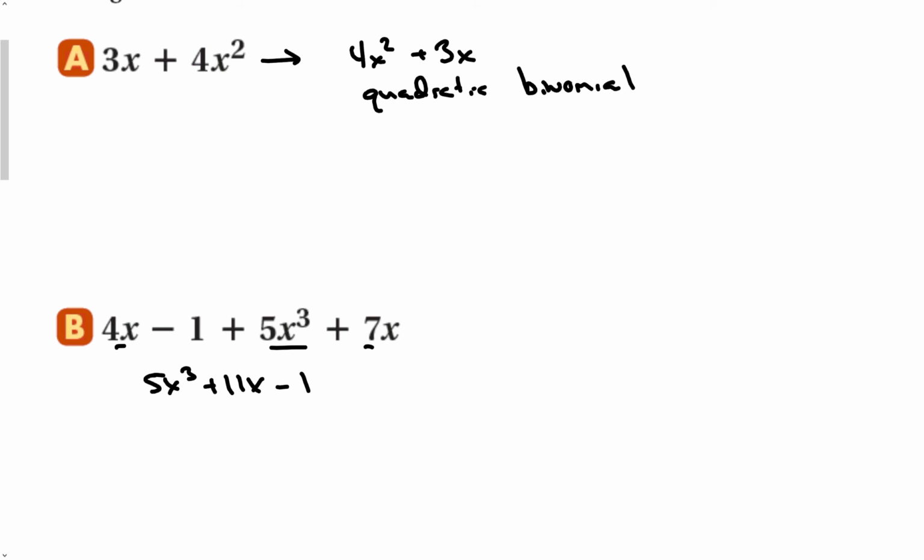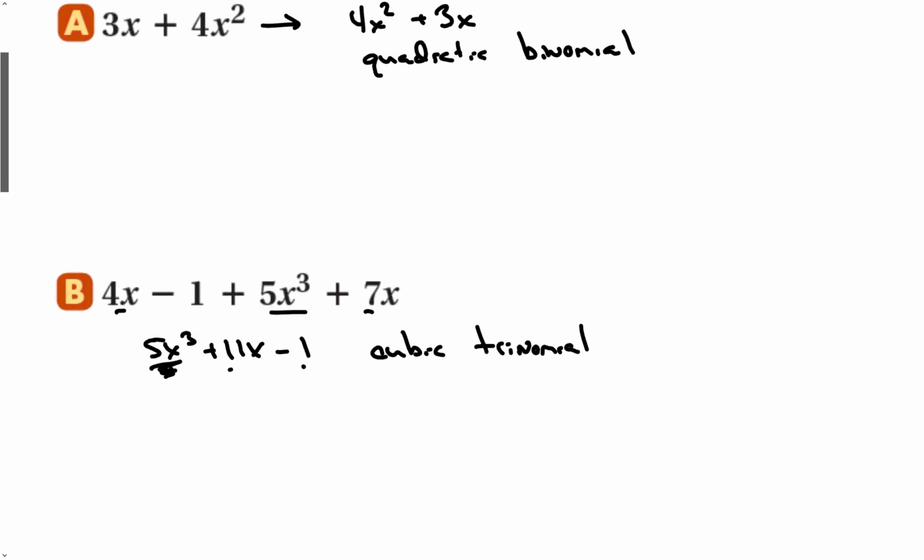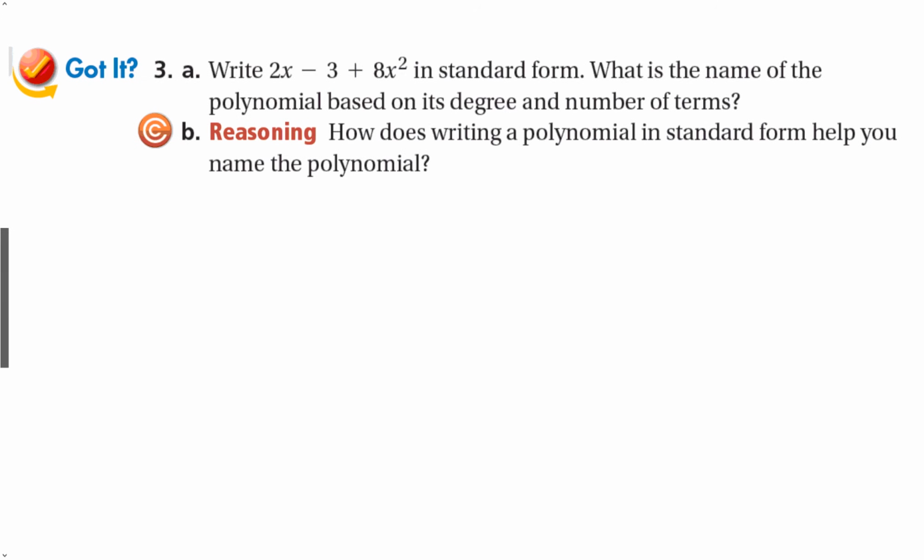Okay. Now this has 3 terms. That's the biggest degree, which is 3. So this is degree 3 with 3 terms, which is a cubic trinomial. Okay. Name it by degree first, then the number of terms.